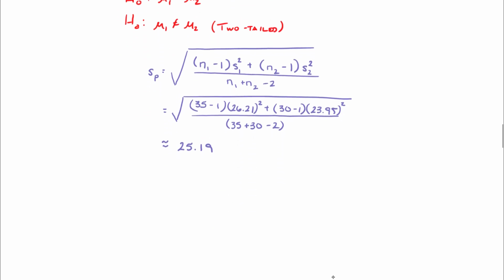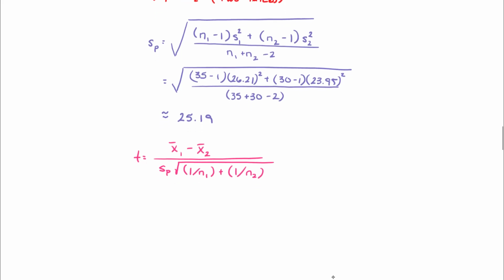We can go ahead and now compute our test statistic, which is our value for T. And in this case, T is going to be X bar sub 1 minus X bar sub 2, that's the two sample means, divided by S sub P times the square root of 1 over n sub 1 plus 1 over n sub 2, and we will just substitute in our values and simplify this.